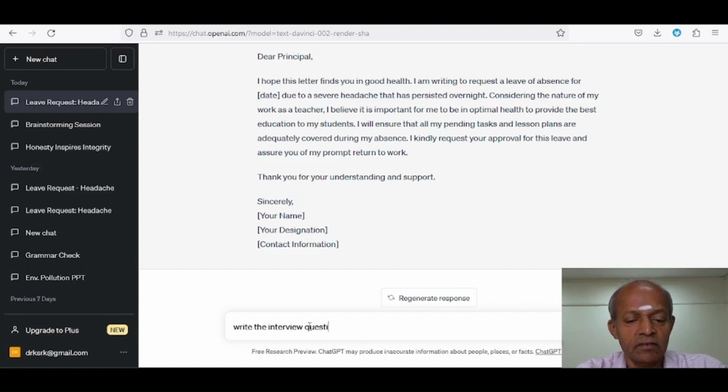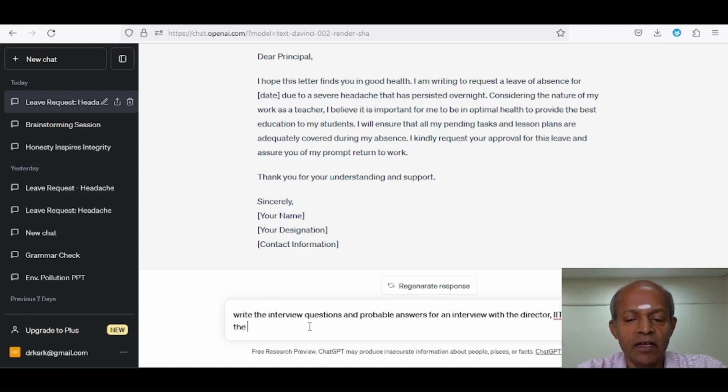questions and probable answers for an interview with the director of IIT Madras about the job opportunities of data science.